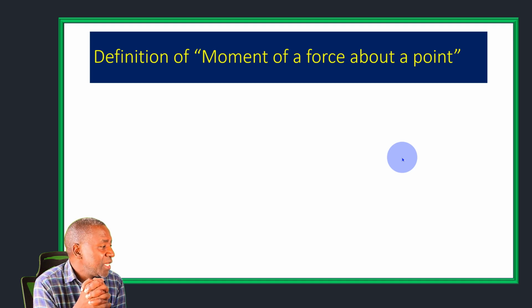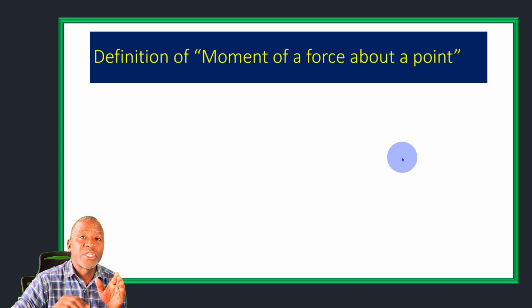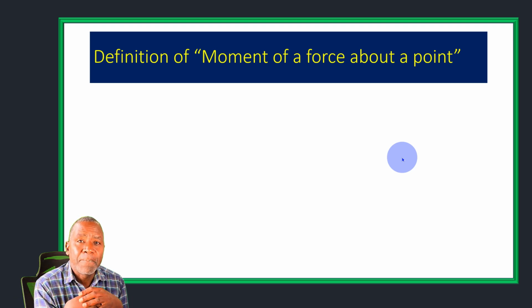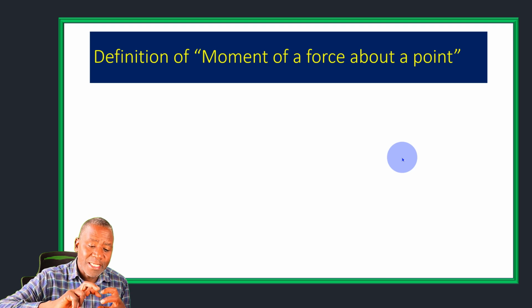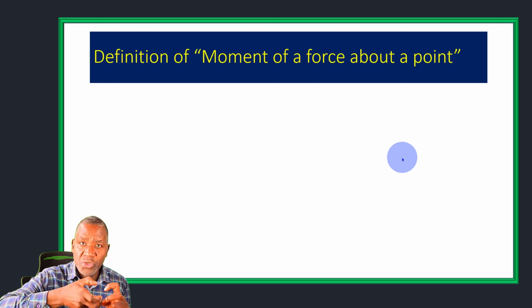So, how do we define moment of a force about a point? I've started this video by showing you a person who is tightening a nut using a spanner. You find that the nut turns about the bolt because the spanner is making it turn.